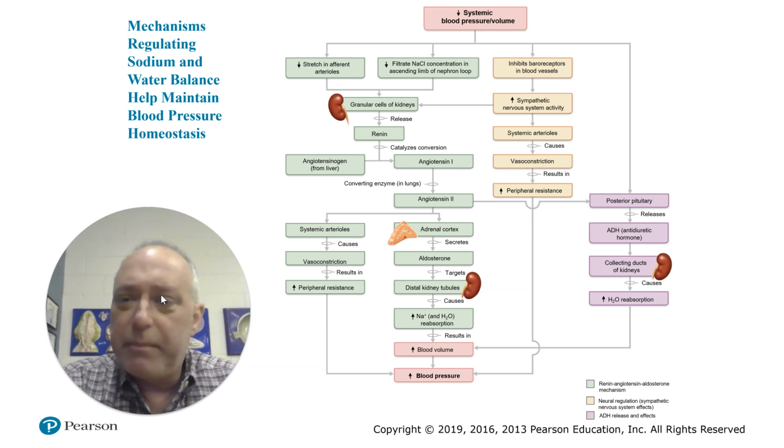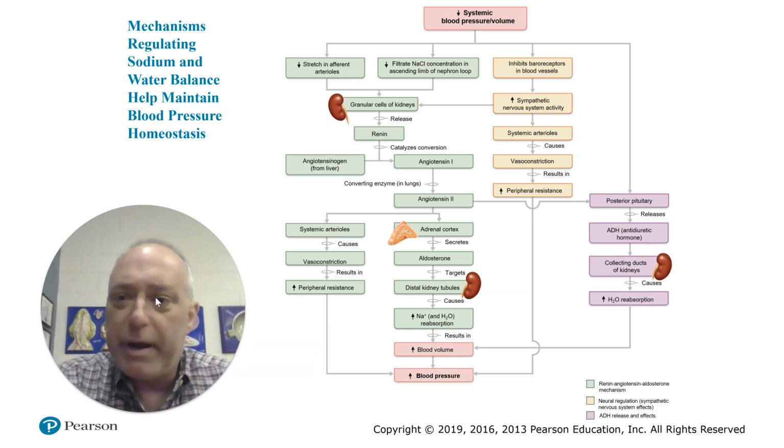Okay, mechanisms regulating sodium and water balance to maintain homeostatic levels of mean arterial pressure. So when there's a decrease in mean arterial pressure, we have decreased stretch, decreased ANP released, and the renin-angiotensin-aldosterone system is not shut down.